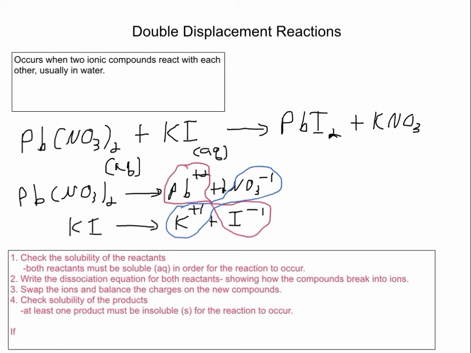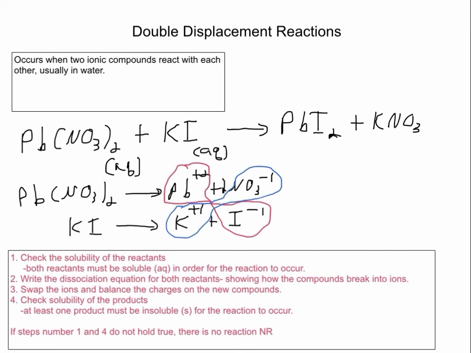When we're going through this process, if steps 1 and 4 do not hold true, there is no reaction. And we write no reaction as NR. So now we have to check these solubilities.